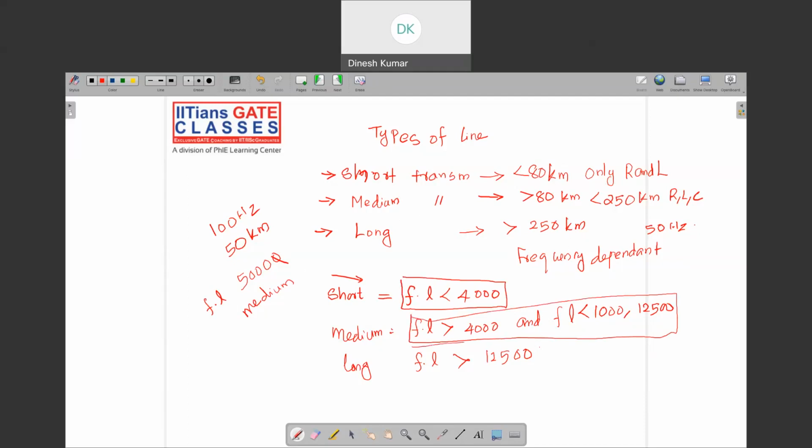If it is greater than 12,500, we consider it a long transmission line. This is the most important part you should remember. These 80, 200 or 250 kilometer limits are frequency dependent and are for 50 hertz. I hope you understood. You can write this down, then we can move to the next session.